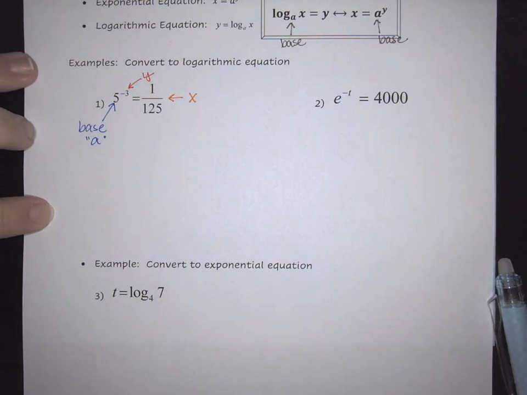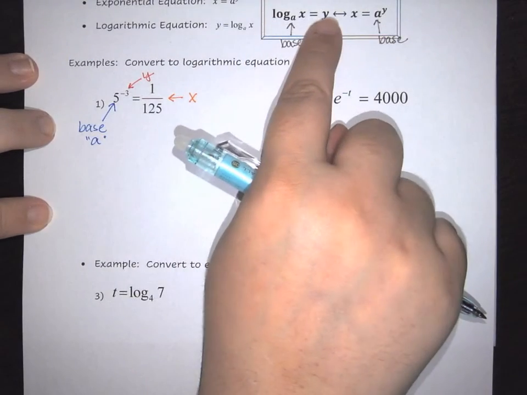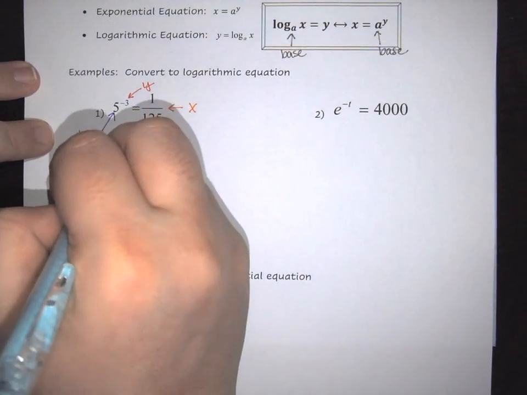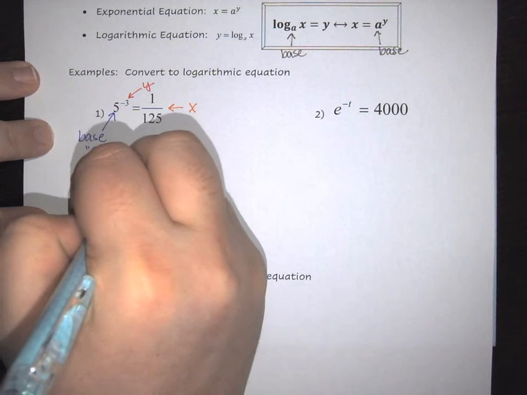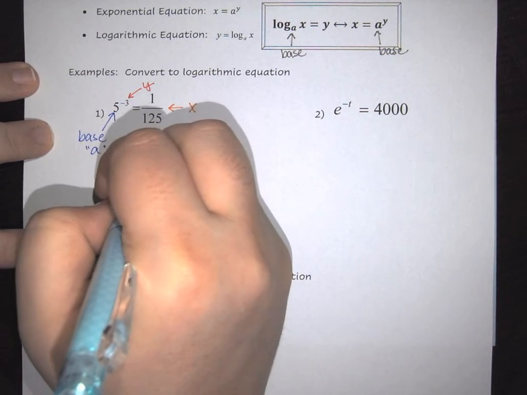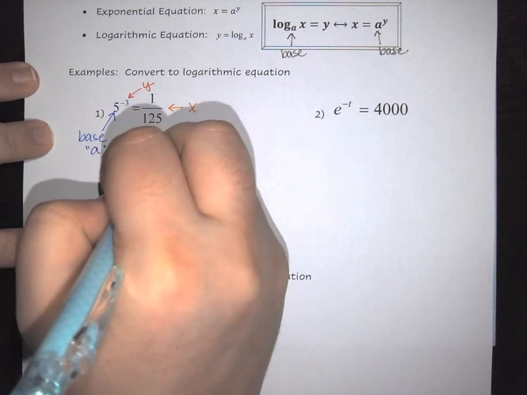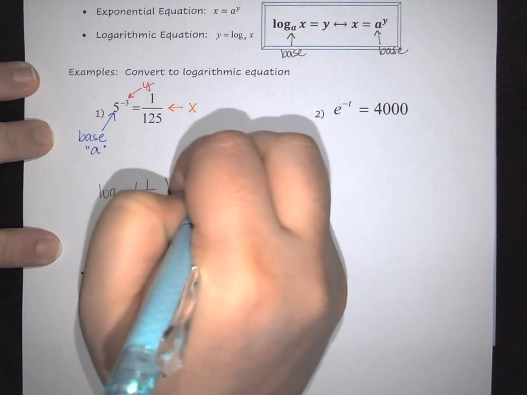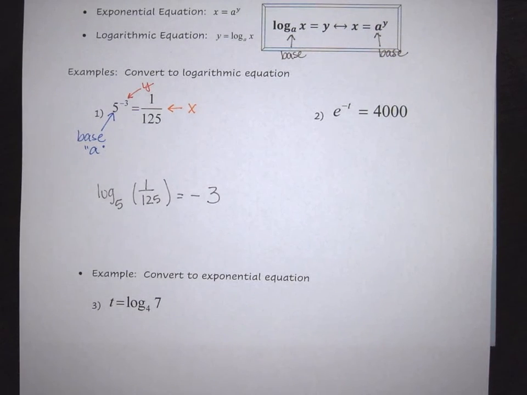And so we just simply have to put them where they belong under your log equation. So here this would end up being log base 5 of 1 over 125 is equal to -3. And that's it. All you're asked to do, nothing more.